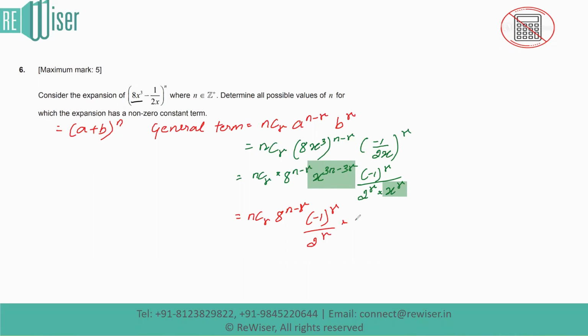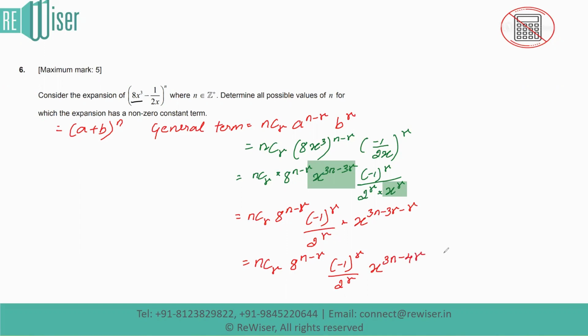So that's why this is going to be x to the power of 3n − 3r − r. So the general term is nCr times 8ⁿ⁻ʳ times (−1)ʳ over 2ʳ times x^(3n − 4r), if I simplify this.